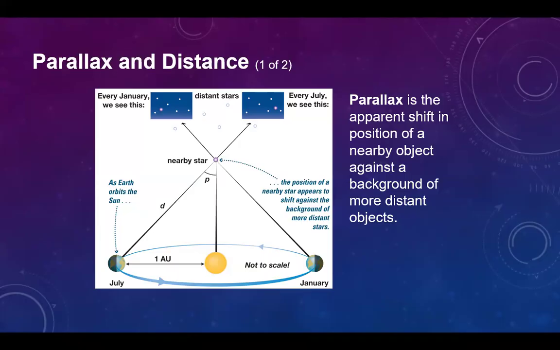Now, early in the history of, back in the 1500s, 1600s, when people were arguing in favor of heliocentrism, one of the big arguments against it was that we couldn't see parallax.